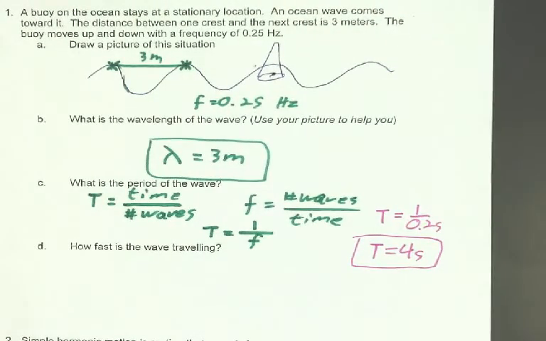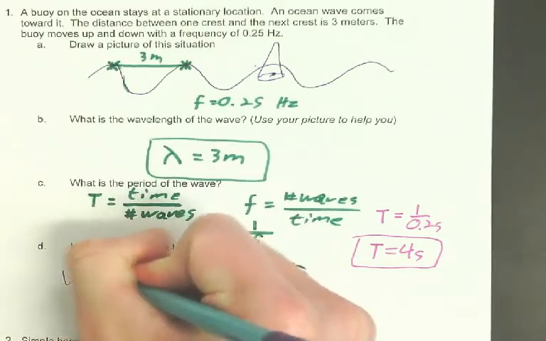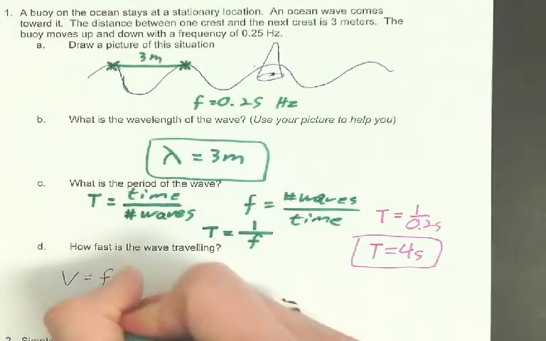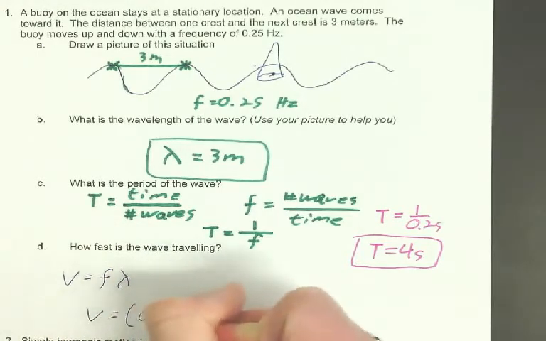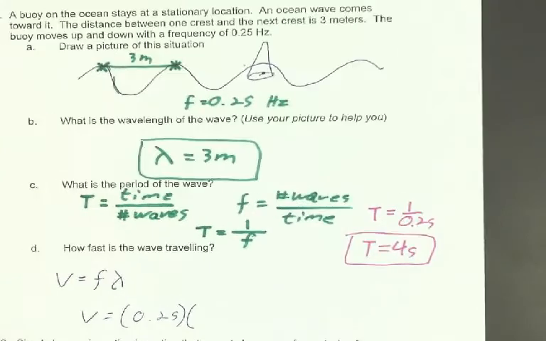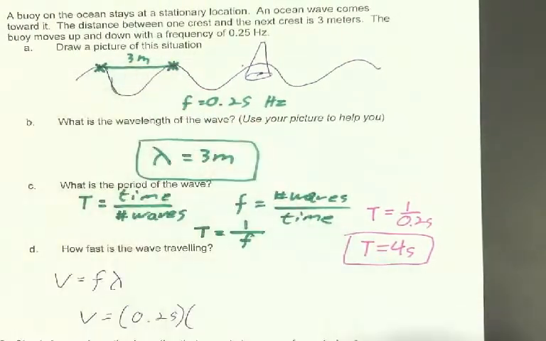And so this brings us to the last equation here. So this is that v equals f lambda I talked about. V is how fast the wave is traveling. F is the frequency, which the problem said was 0.25. And lambda is the wavelength, which the problem told me was 3 when it described the motion between crest and crest.